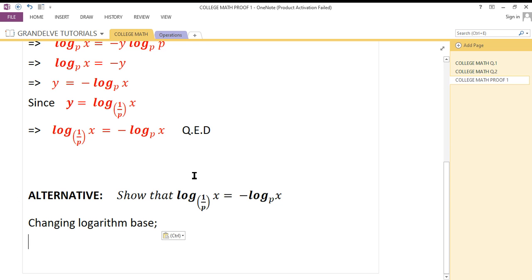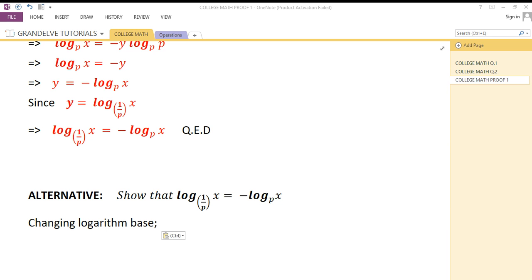To show that this expression is the same as negative log s base p, I would like to change the base 1 over p to p. And in doing that, we wouldn't need any external variable to prove that this expression is the same as negative log s base p.